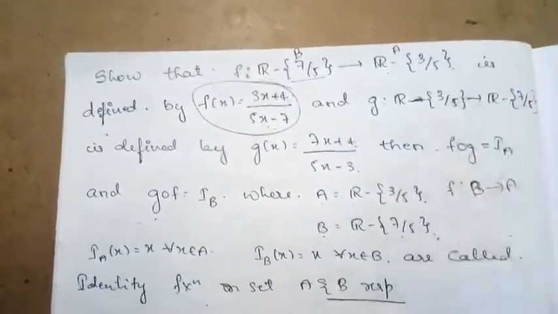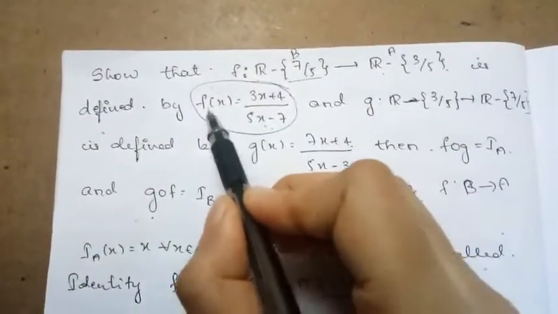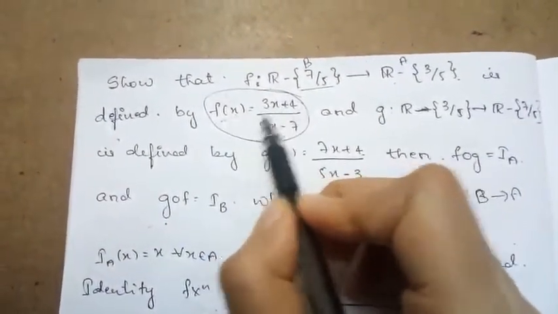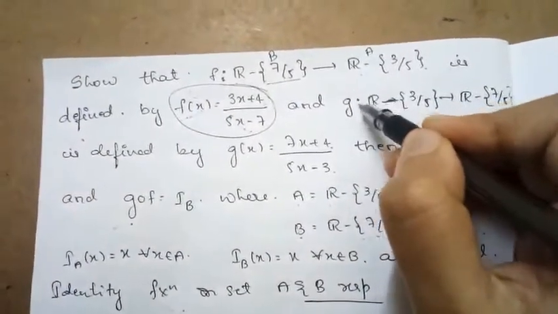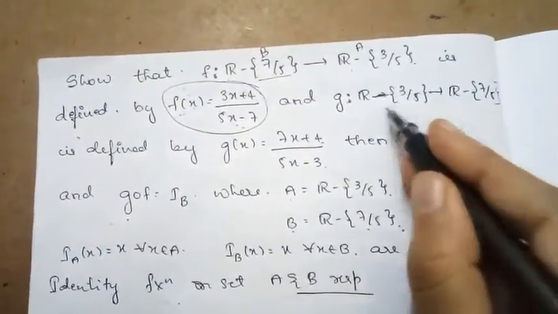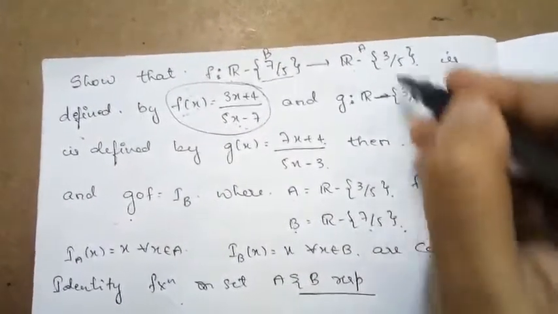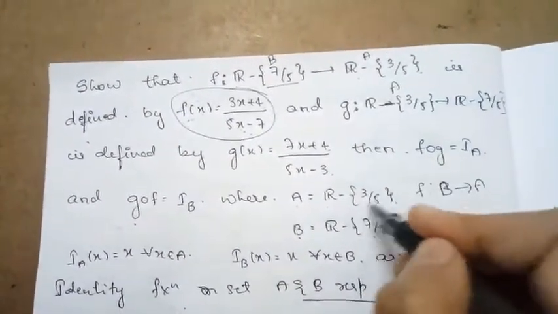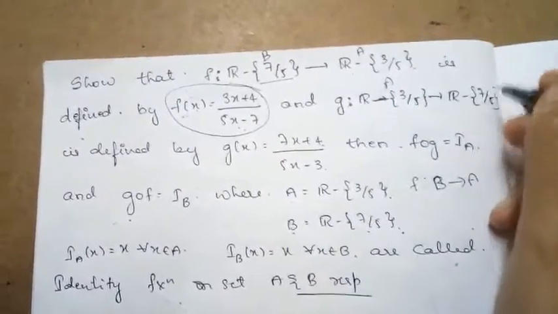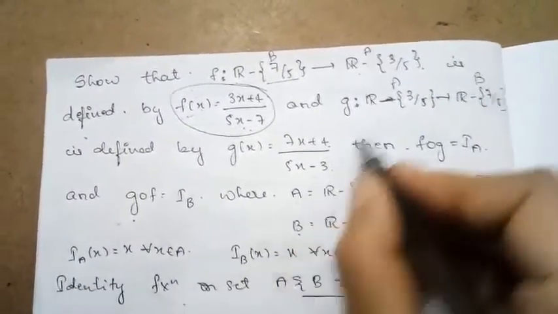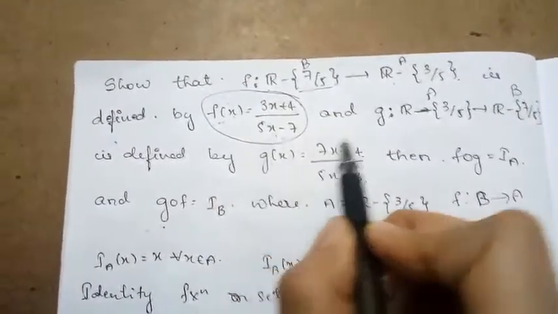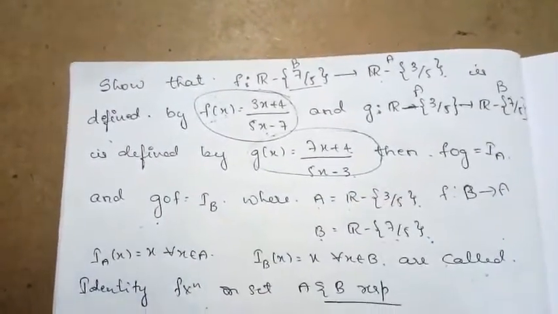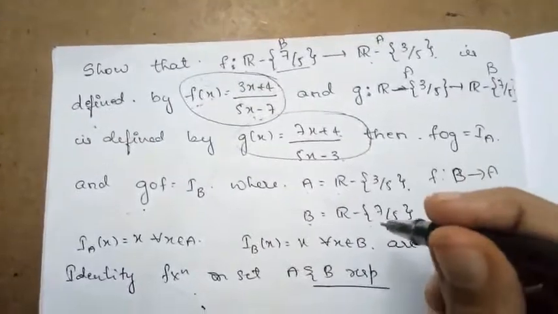Similarly here, function f is defined as (3x plus 4) divided by (5x minus 7), and function g is defined from set A, that is R minus 3 by 5, to R minus 7 by 5, which is set B. So function g is defined from set A to B, and g of x is equal to (7x plus 4) divided by (5x minus 3).